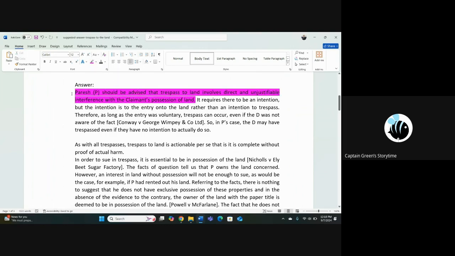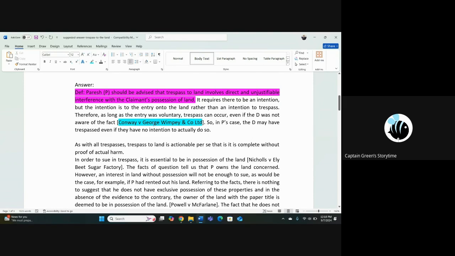Then we studied that it requires an intention, but the intention is to enter the land rather than an intention to trespass. Therefore, as long as the entry was voluntary, trespass can occur even if the defendant was not aware of the fact. Use this case. So in the claimant's case, the defendant may have trespassed even if they had no intention to do so.